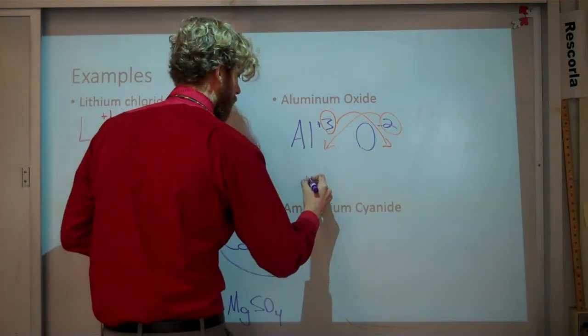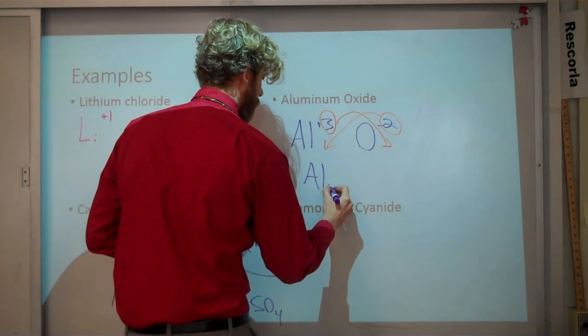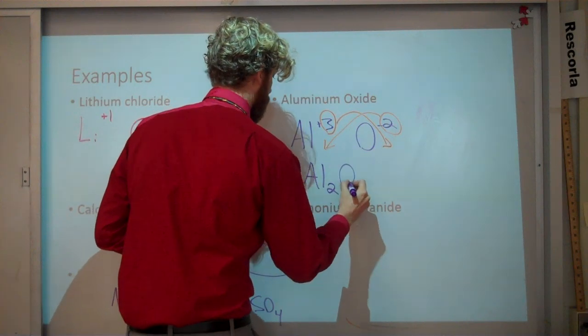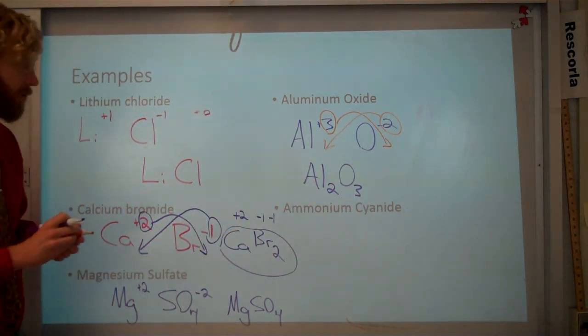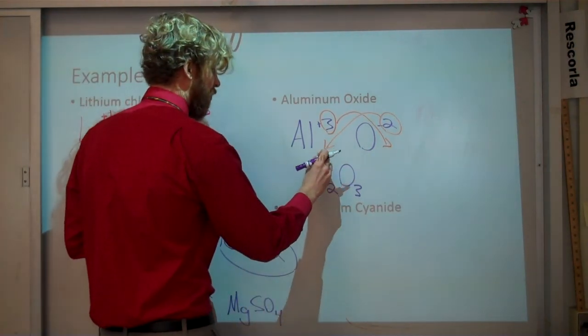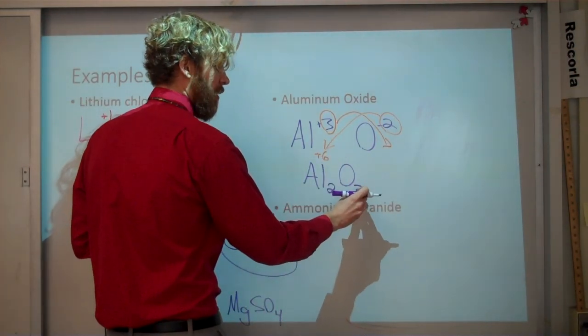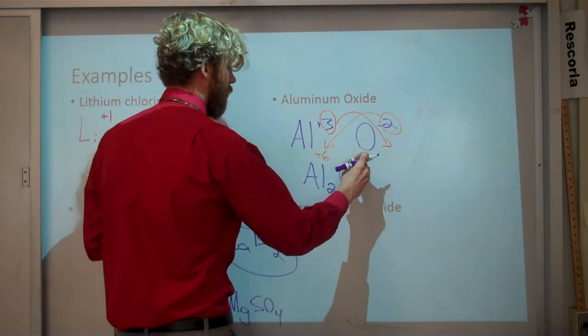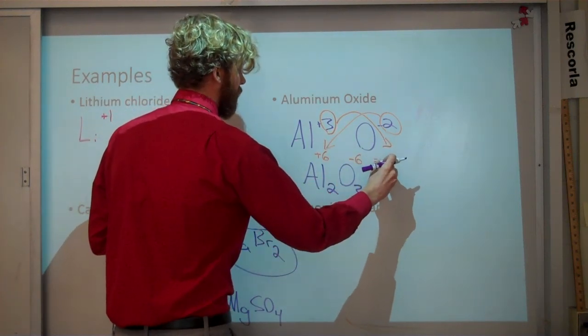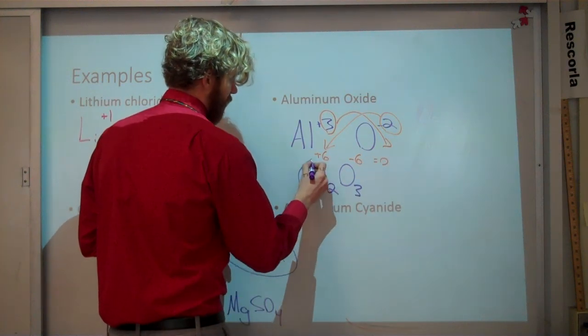So we're left with Al2O3. And we can check our charges. We'll have a total of +6 over here. And we have 3 oxygens. So 3 times -2, we get -6, so the total is 0. So we know we're good.